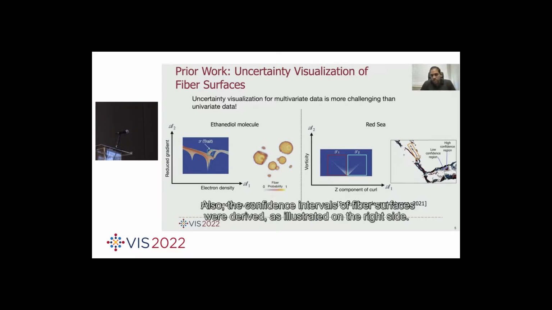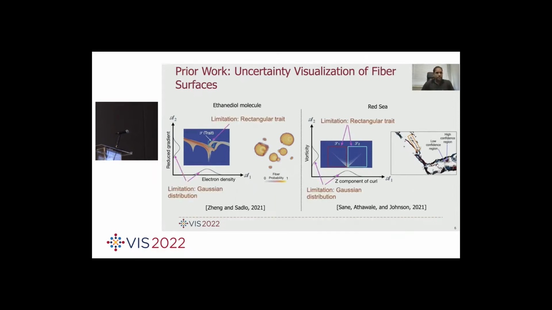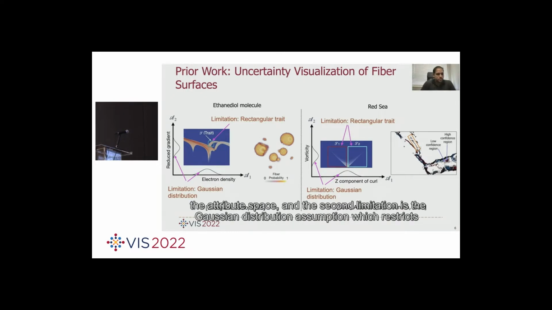Also, the confidence intervals of fiber surfaces were derived as illustrated on the right side. However, there are two limitations of the previous approaches. The first limitation is the rectangular trait assumption, which limits users from selecting interesting features in the attribute space. And the second limitation is the Gaussian distribution assumption, which restricts the accuracy of uncertainty quantification.